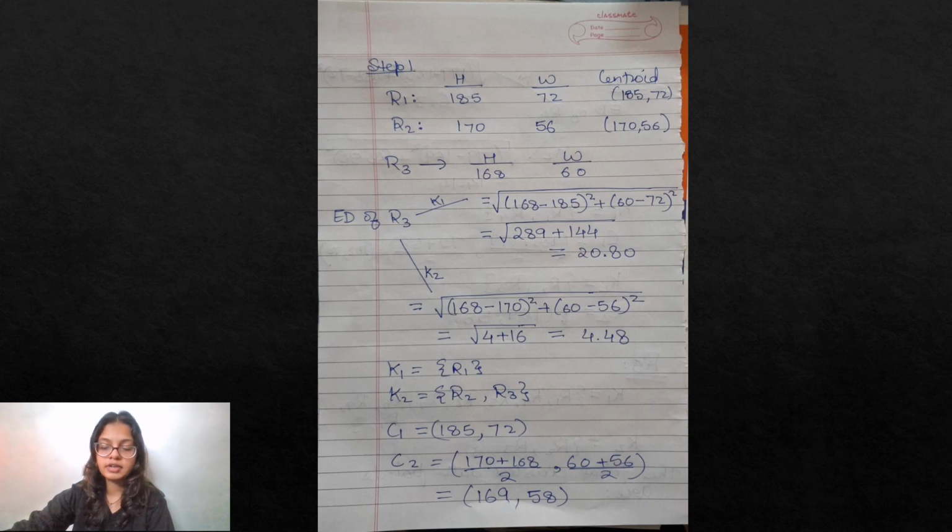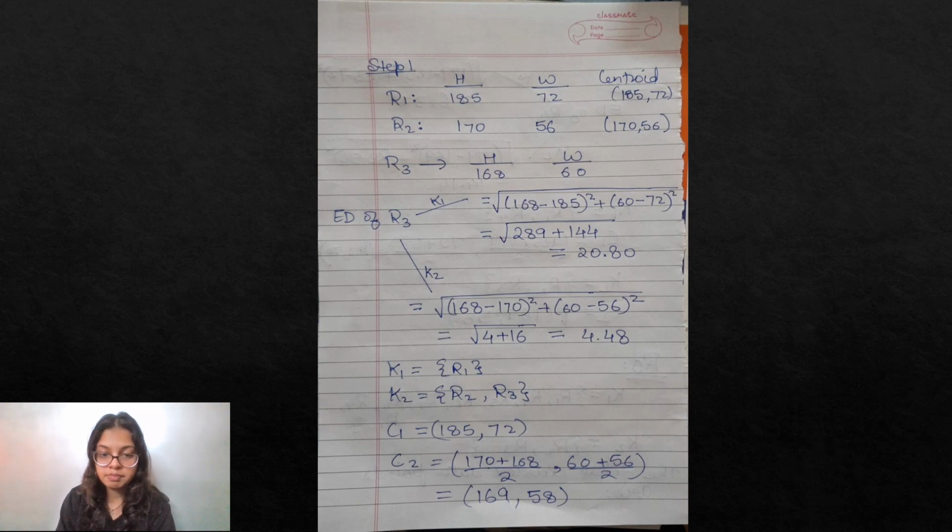Then we did Euclidean distance for R3. So we compared R3 with R1 and R3 with R2. So we applied the formula, and with R1 we got 20.8 and for R2 we got 4.48. So 4.48 will be taken as the answer.